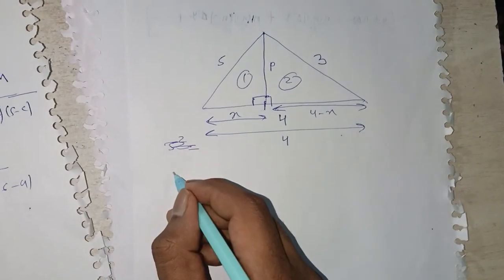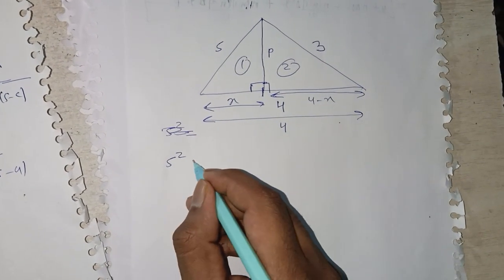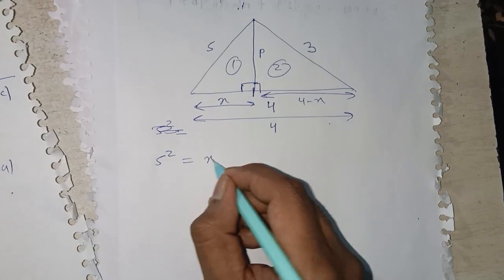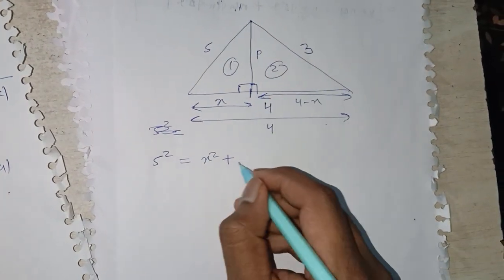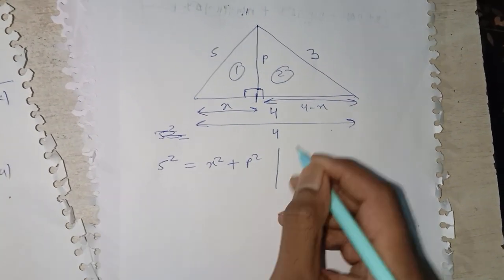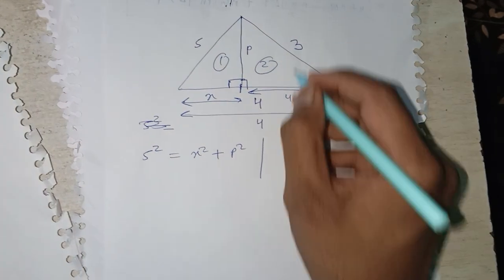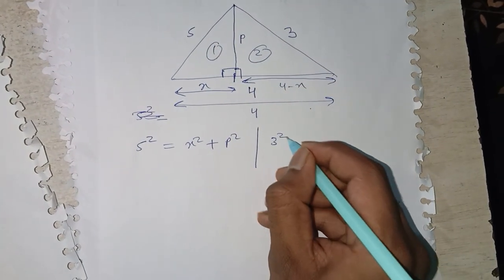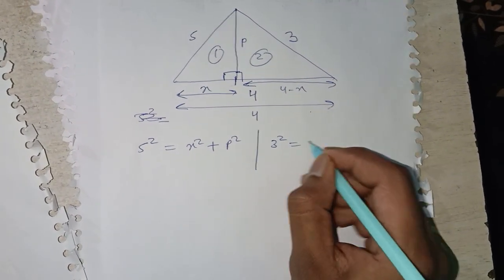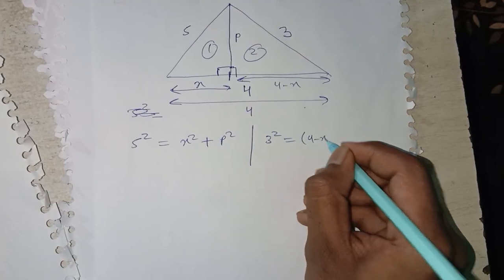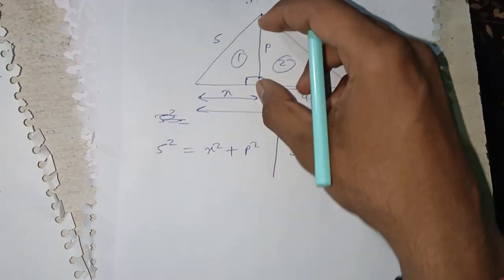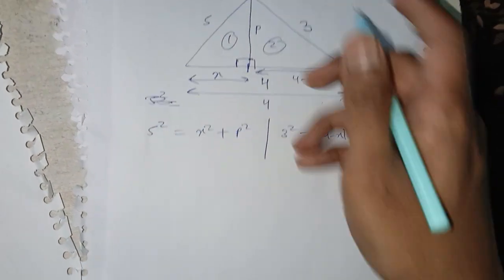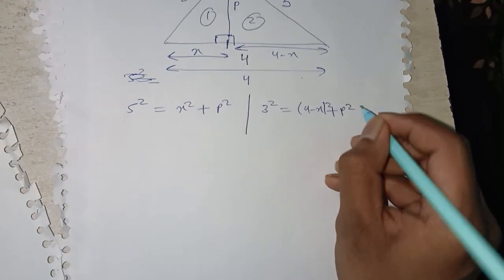So in the first triangle, hypotenuse square means 5 square, base square means x square, and perpendicular square means p square. In the second triangle also, the hypotenuse is 3 square, which is equal to the base 4 minus x, square, then the perpendicular is the same. Here the perpendicular p is common, so p square.